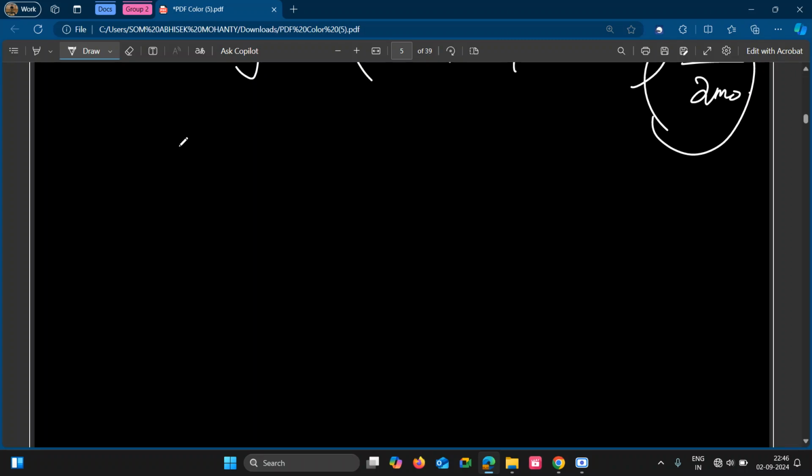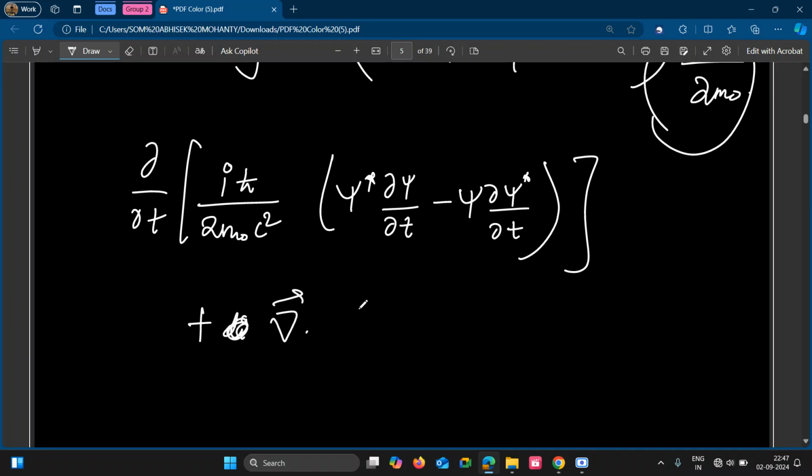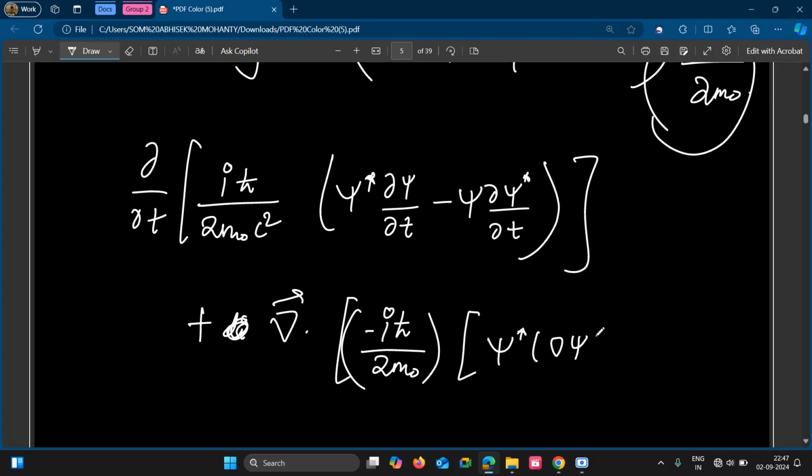So if I write the continuity equation: del by del t of (i h cut by 2 m naught c square) (psi star del psi by del t minus psi del psi star by del t), plus divergence of (minus i h cut by 2 m naught) (psi star del psi minus psi del psi star) is equal to 0.